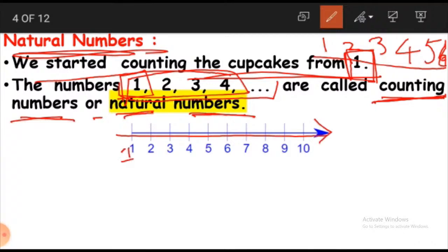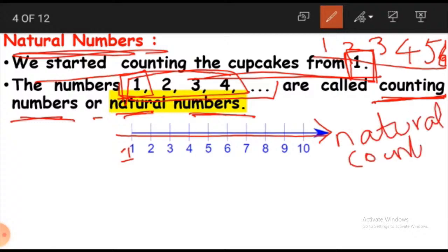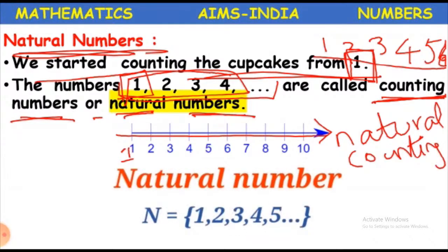These numbers are called as again natural numbers or counting numbers. Hope this is clear. The numbers from 1, that is the numbers which we use for counting, are called as counting numbers or natural numbers. Okay.